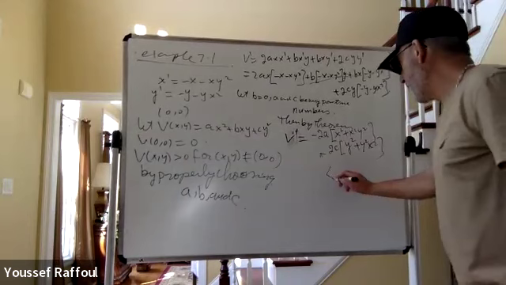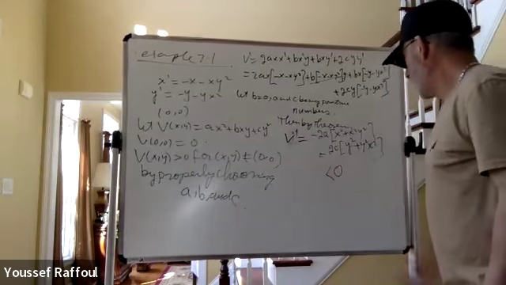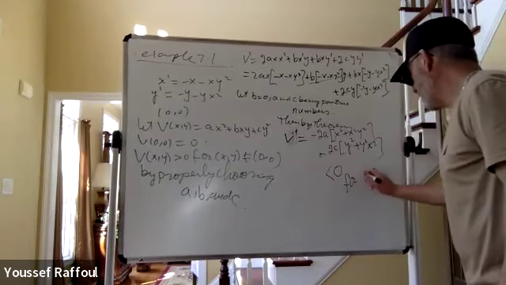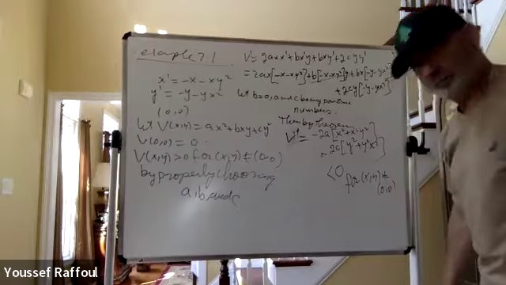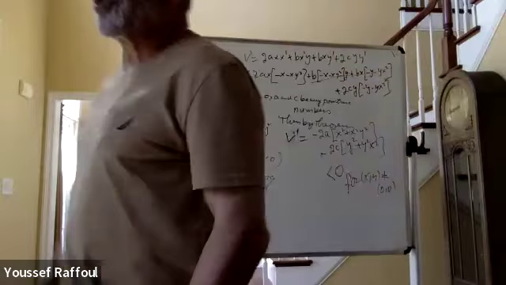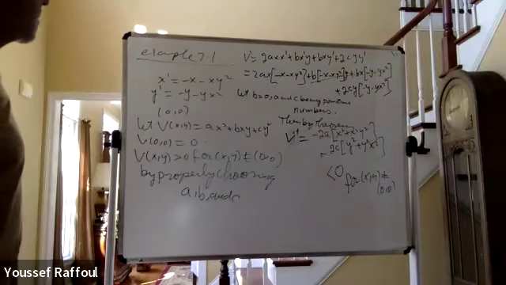So that is negative, negative for (x,y) different from (0,0). Okay? So this is what we really want.